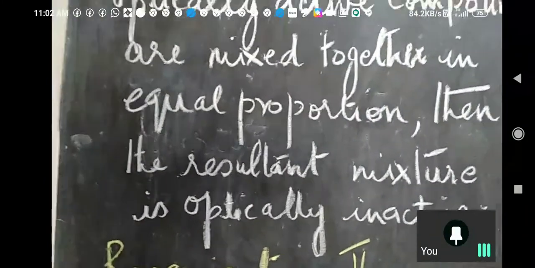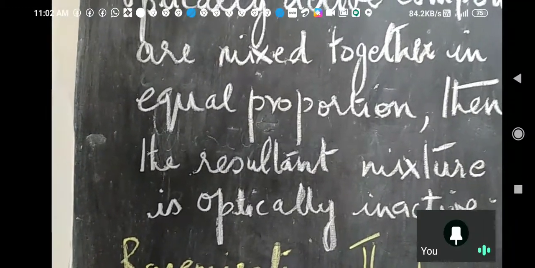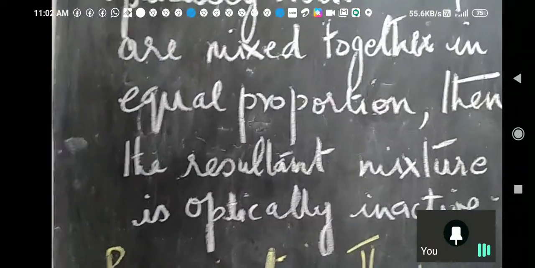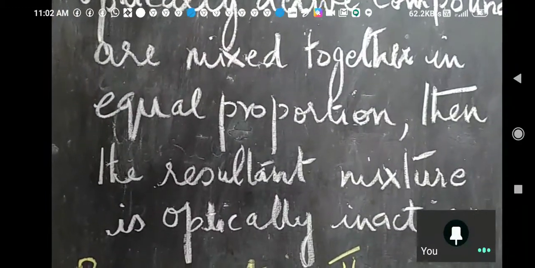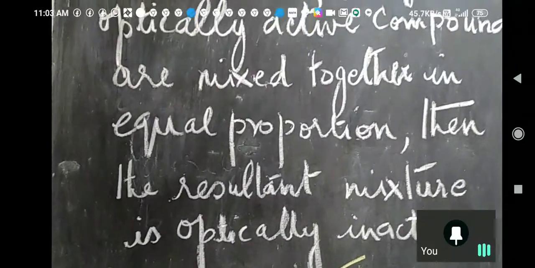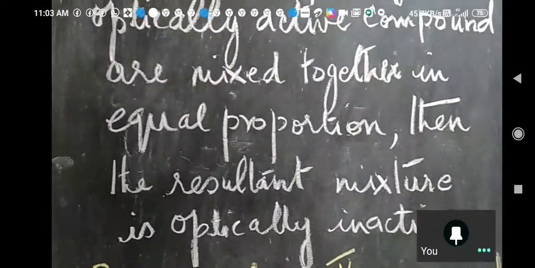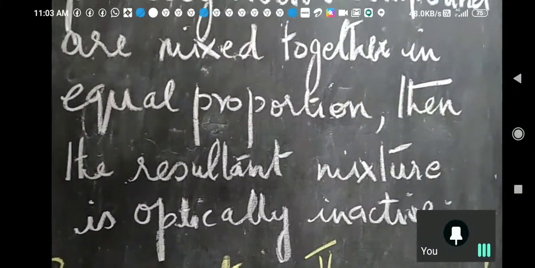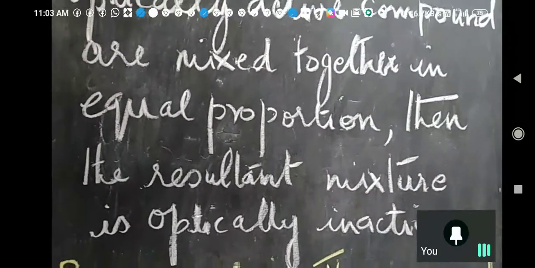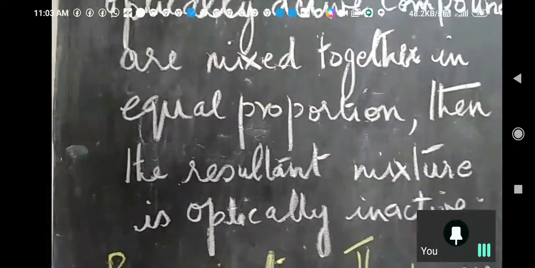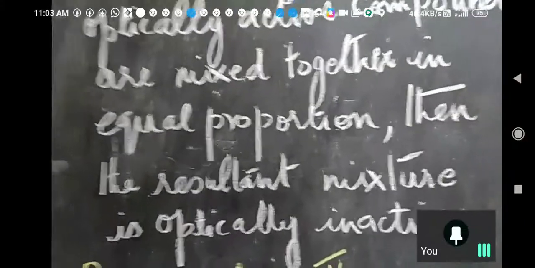You take say 20 grams of D glucose and 20 grams of L glucose and mix them together in equal amount. Then what will happen? The resultant mixture will be optically inactive because half the molecules are rotating towards left, the other half are rotating towards right. The net result is the compound will be optically inactive.